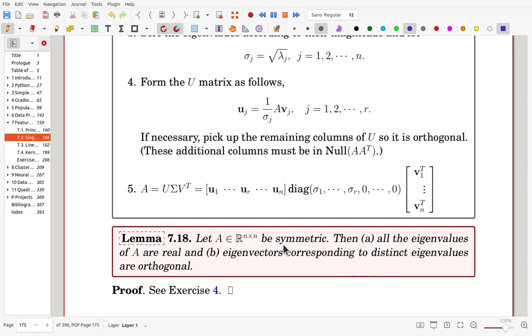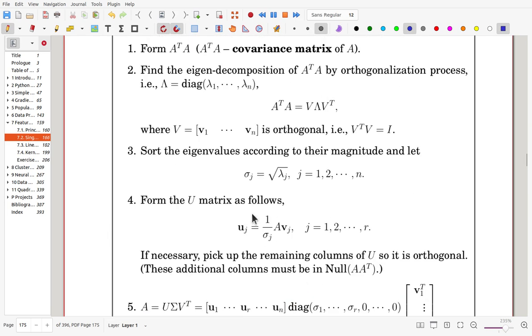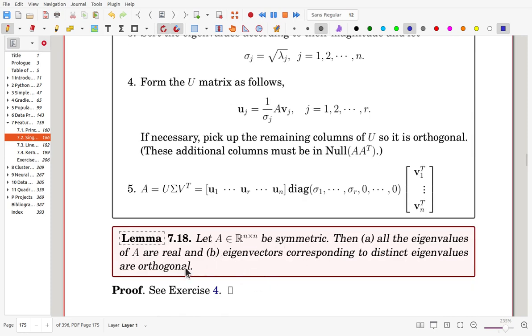Here we have a theorem. If A is square and symmetric, m by m, the reason we are considering this lemma is that A transpose A is an m by m symmetric matrix. So for A transpose A, the properties in this lemma hold. If A is square and symmetric, then all the eigenvalues are real, and eigenvectors corresponding to distinct eigenvalues are orthogonal.